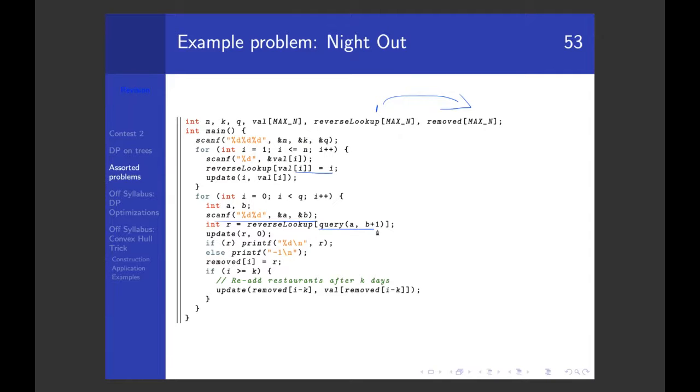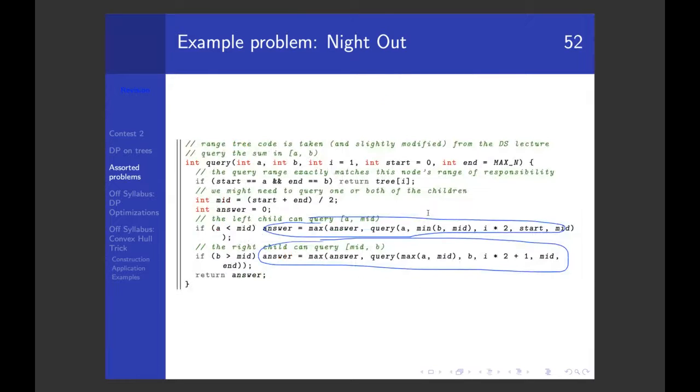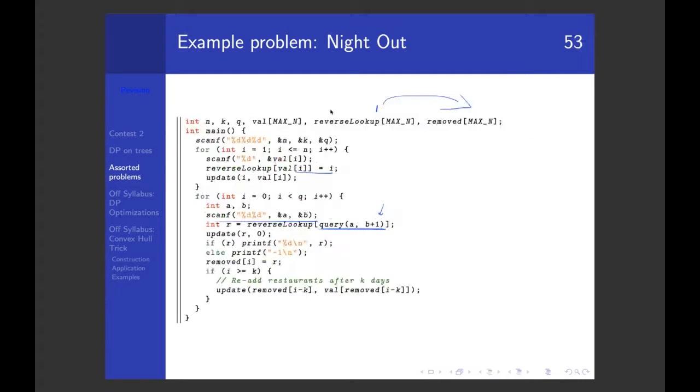First, we're doing the query. The plus ones here is because this segment tree code takes an inclusive, exclusive range. That choice is kind of arbitrary, but it's what this code does. However, the problem statement has an inclusive range. We add 1 to make it inclusive and exclusive. We do our query. We then do a reverse lookup, which finds the index.